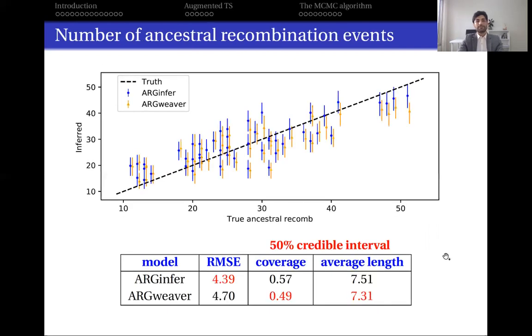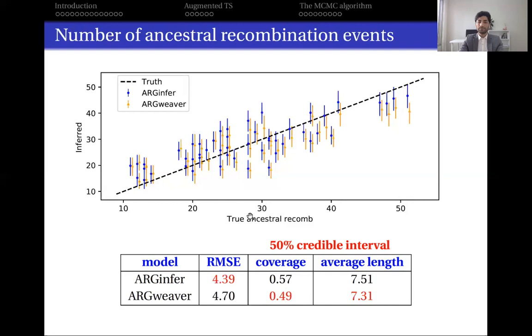The next parameter we investigated is the number of ancestral recombinations. I should note that ARGinfer can infer all the recombination events, including ancestral and non-ancestral, but ARGweaver only infers ancestral recombination. So I've only reported the ancestral recombination here. Again, 50 datasets are randomly selected from 150 datasets.